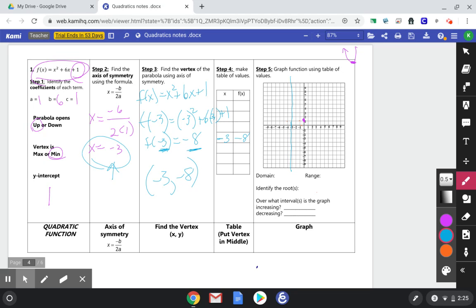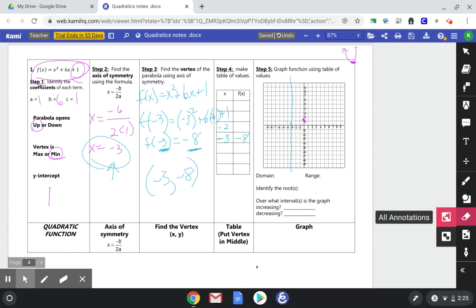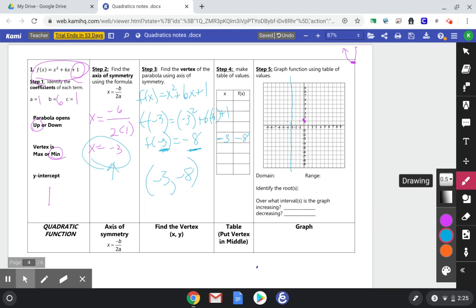So I can do -2, going in the opposite direction, but it doesn't matter what direction you go in. I can do -4, -5, -6, -2, -1, and 0.